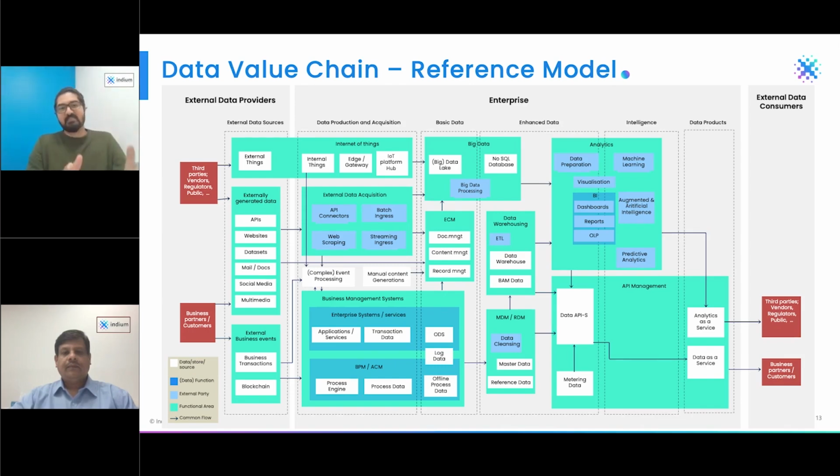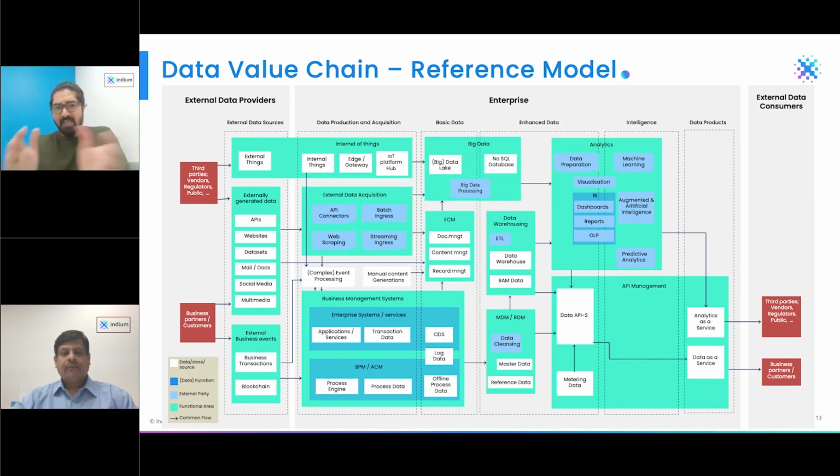So all of your external data is the first thing that we need to sort out. And in terms of monetization, this plays a very key role, because most of the times you might have to enhance your data set using some external data set, so that it creates much more value to the end user or the customer.